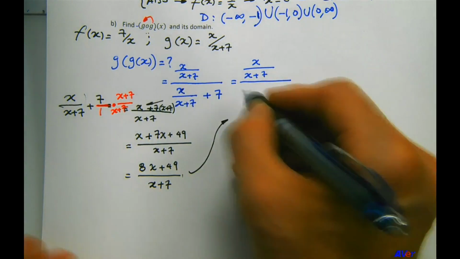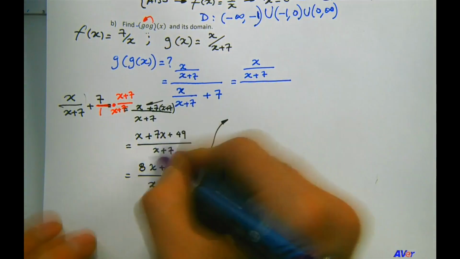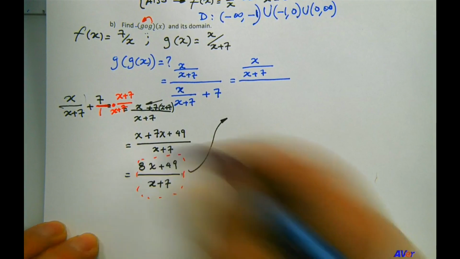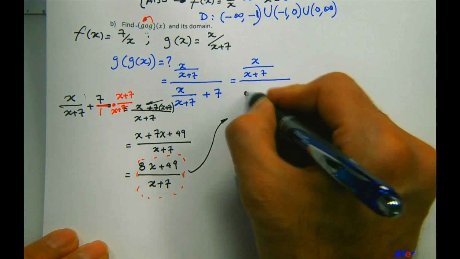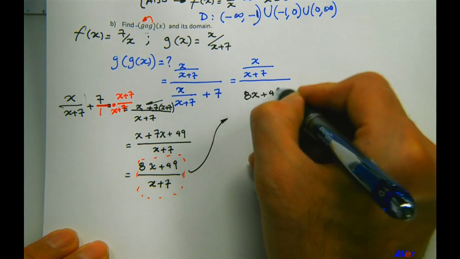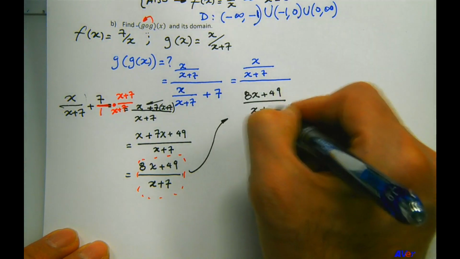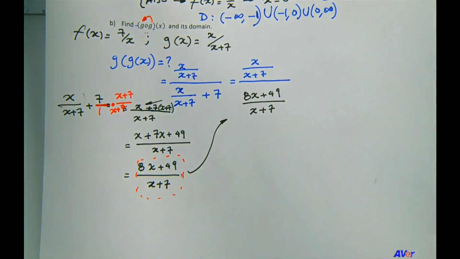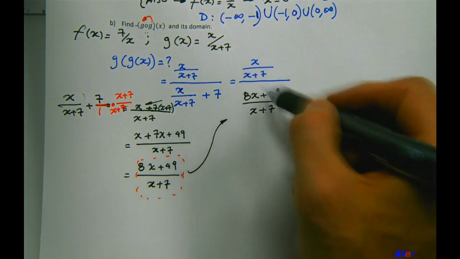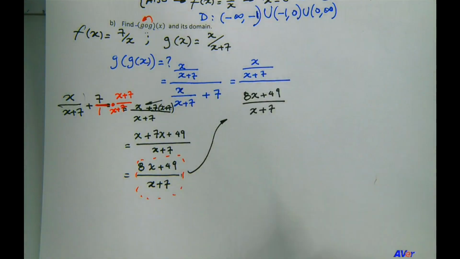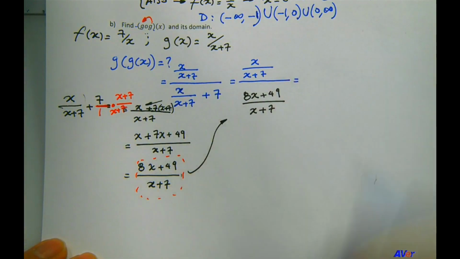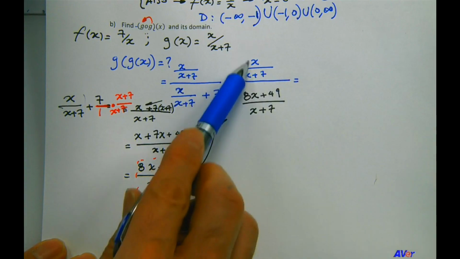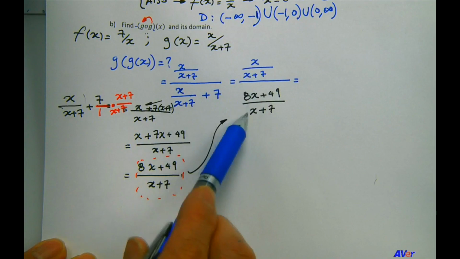So we have this piece, that piece goes there. So we have 8x plus 49 divided by x plus 7. Okay? Now that we have one fraction in the numerator and one whole fraction in the denominator, we can do what I was talking about earlier, which is the easiest way to simplify a complex fraction. Take a look at the terms that are farthest away from each other, x and x plus 7.